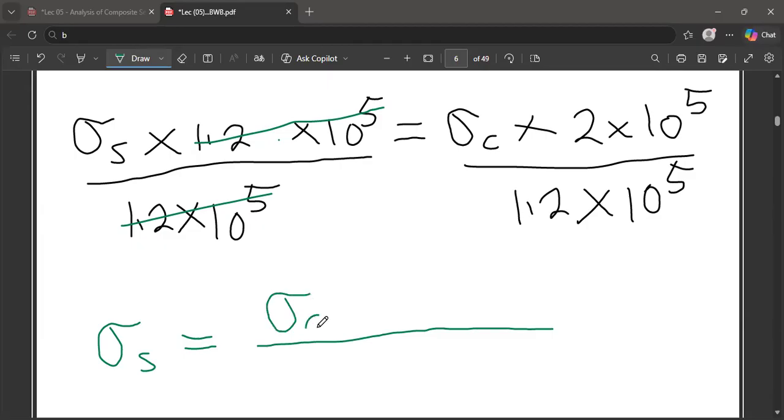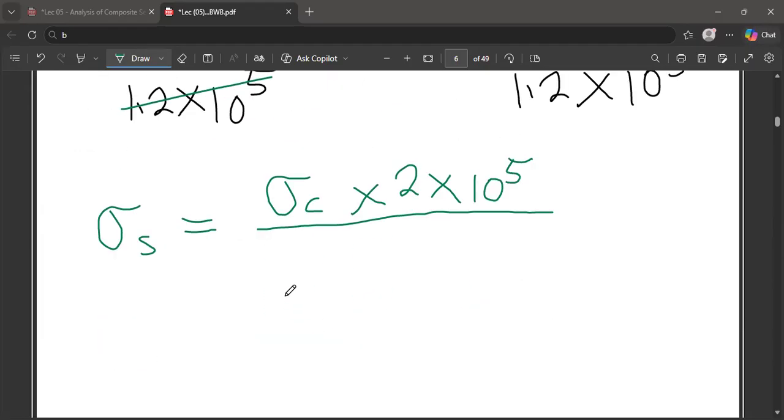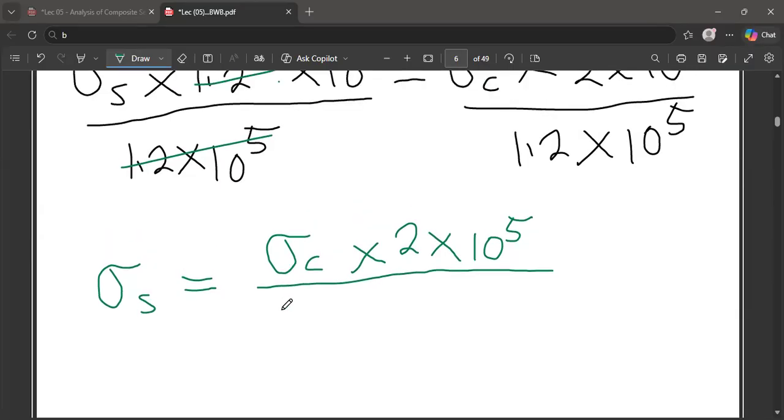We are left with the stress in the steel rod being equal to the stress of the copper rod times 2 times 10 exponent 5, all over 1.2 times 10 exponent 5.